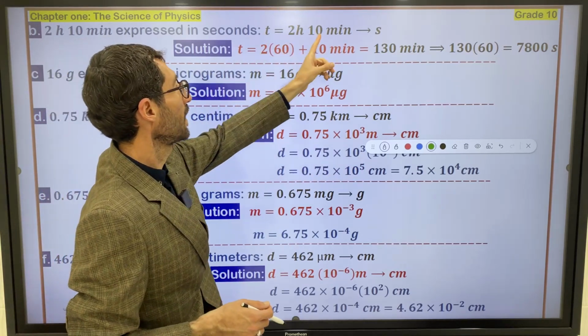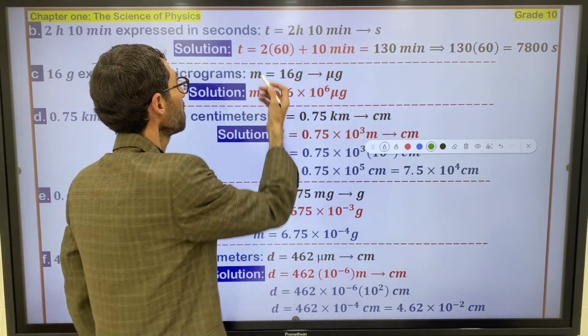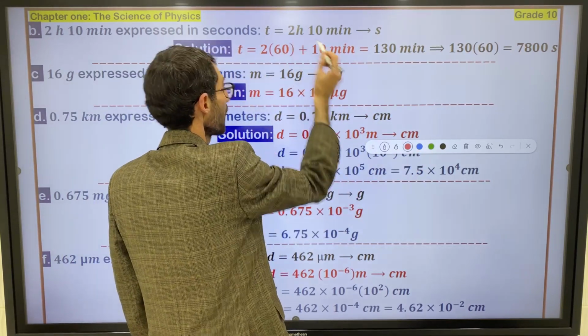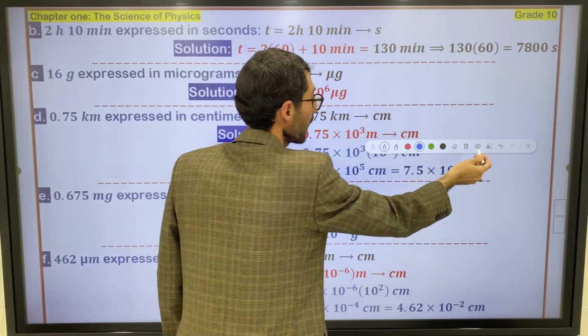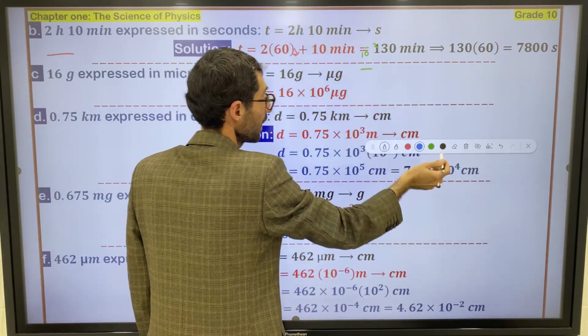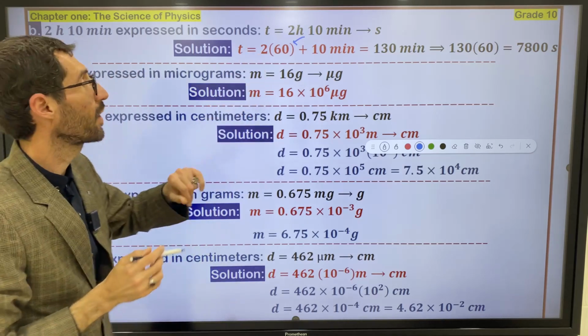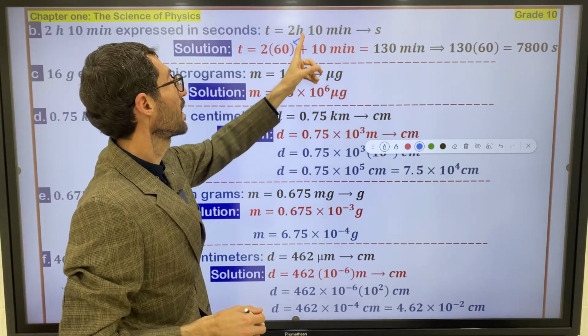So 2 hours and 10 minutes means 2 hours plus 10 minutes. Instead of hour, I can write its value, the value of the hour in minutes, right? 2 times 60 plus 10 minutes.